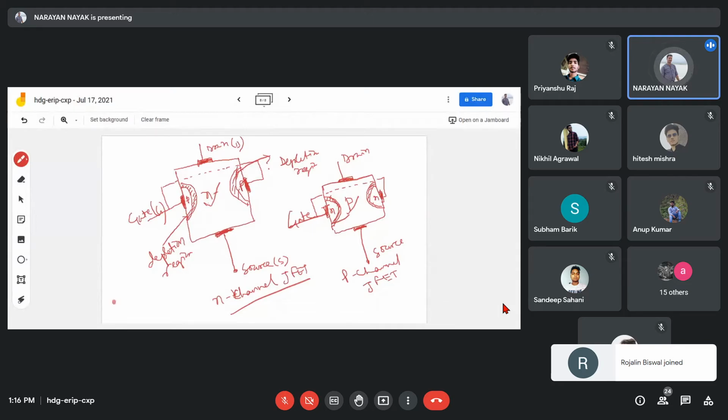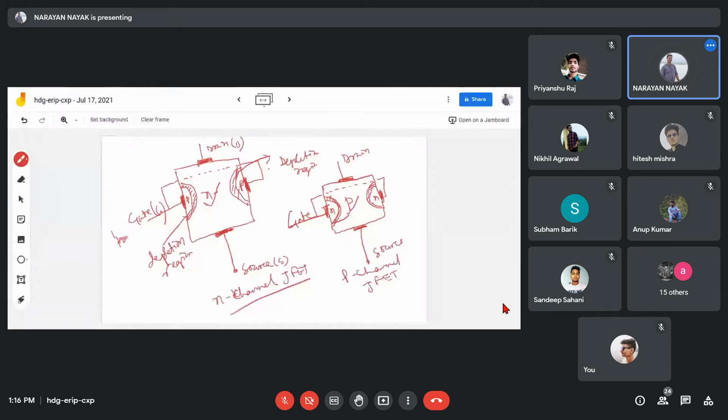Now, understood. So what is the use of gate? Gate means you are applying the signal. Whatever type of signal you have to apply will be passed over the gate. Suppose you are applying a sinusoidal signal or DC signal, you can apply through the gate. Clear? And what is the use of drain?